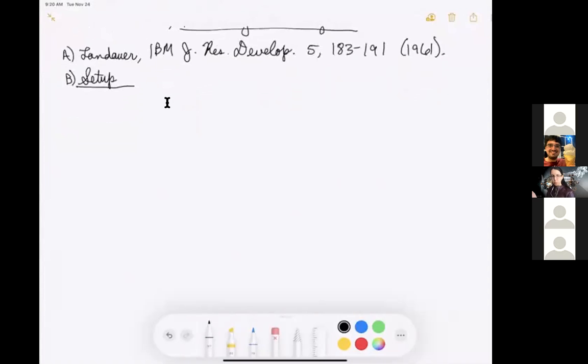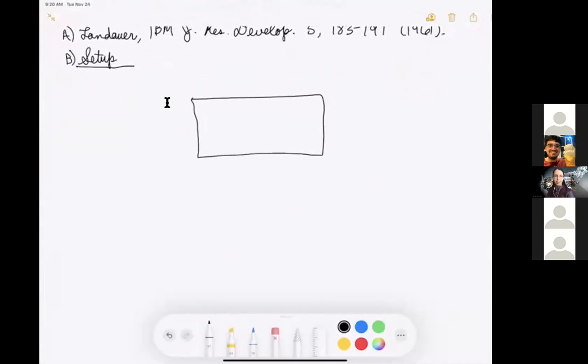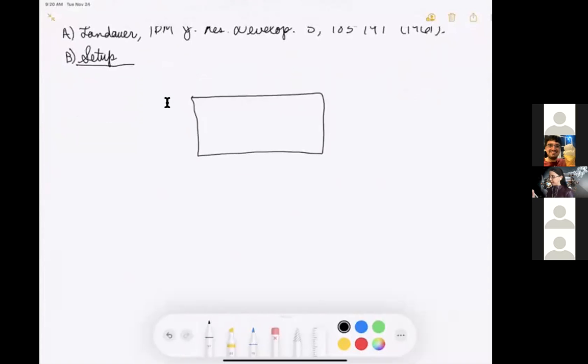Here's our setup. We have, once again, a classical particle in a box. This is going to model a very idealized ideal gas. Now we have no idea where the particle is. Again, the gas interacts with a temperature T heat bath through the walls of the box, so heat can go in and out.